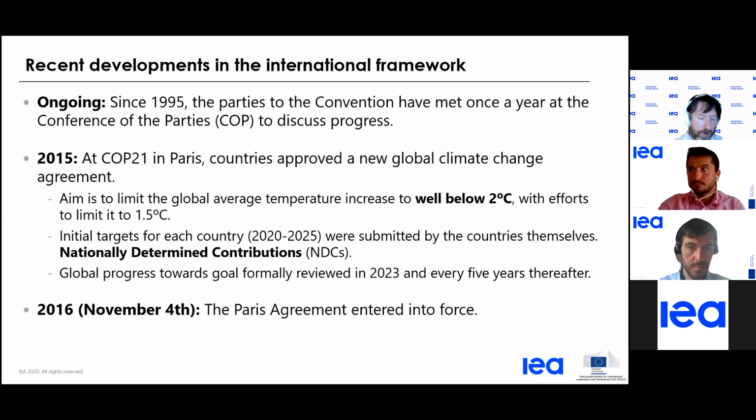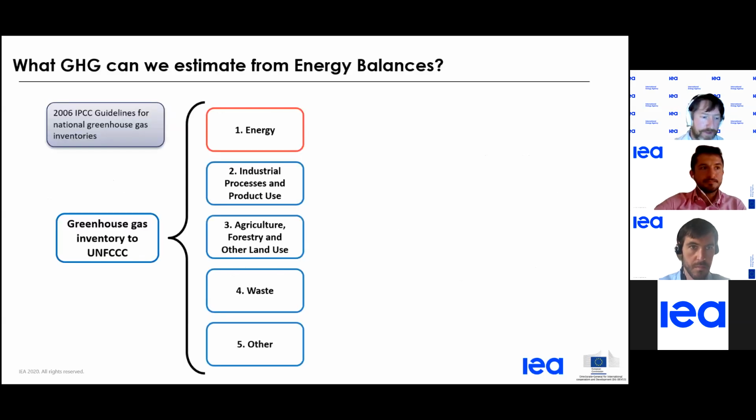And global progress towards the overall goal of limiting the temperature increase to below 2 degrees will be formally reviewed in 2023 and every 5 years thereafter. So when calculating an official greenhouse gas inventory, all sources of emissions are covered, not just energy.